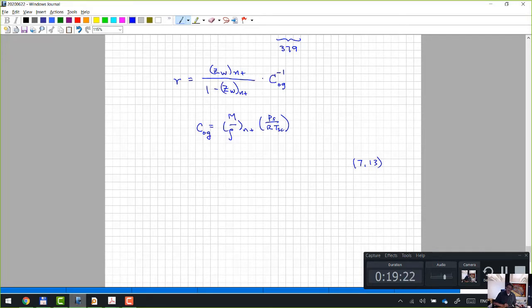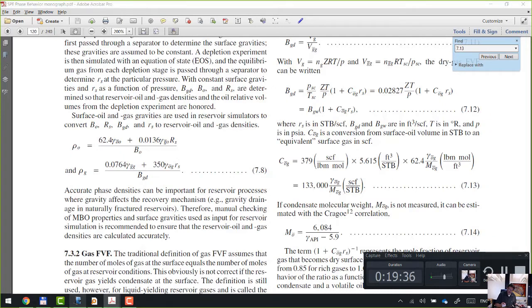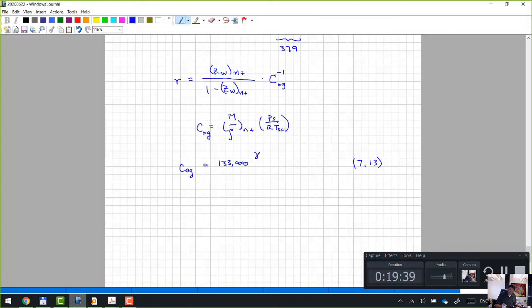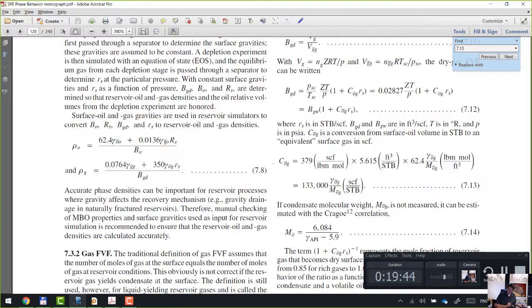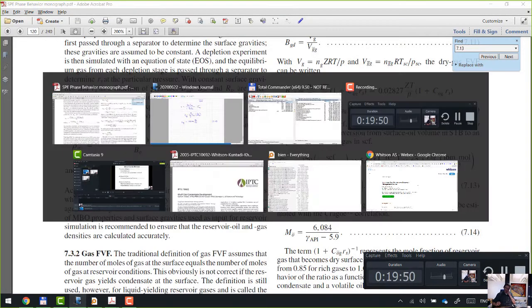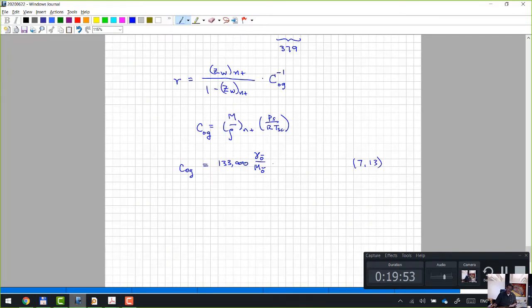See here. 133,000. Is that it? Yeah. Okay. And I think COG has units of standard cubic feet per stock tank barrel here.